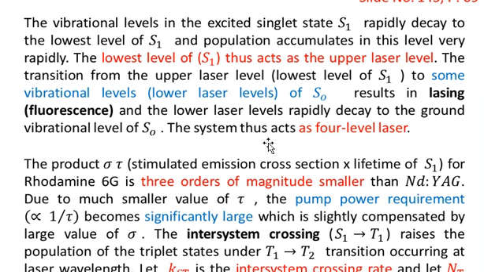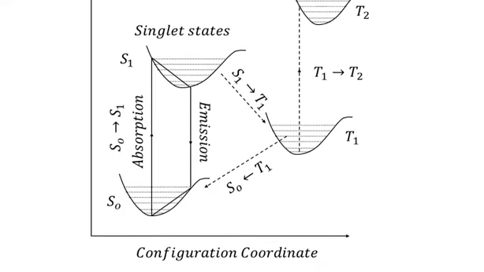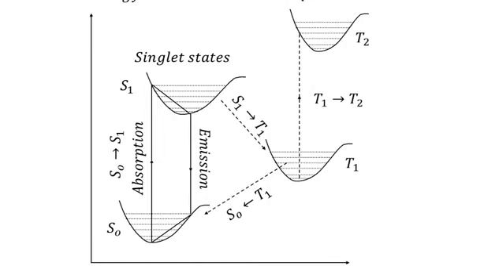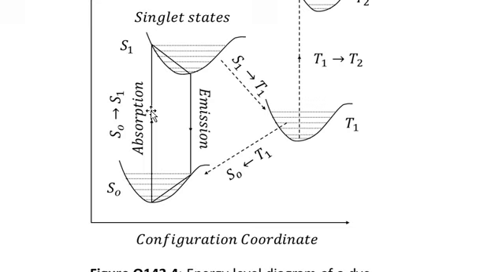So under that condition, the system acts as a 4-level laser system. So this system, for the case of a dye, having two singlet states and two triplet states, and the transition between these singlet states in the form of absorption and emission of wavelength in the form of fluorescence, will act as a 4-level laser system.